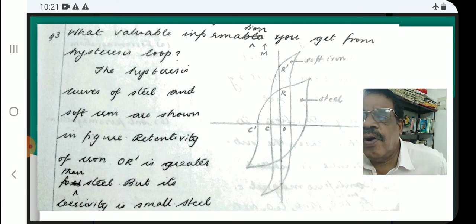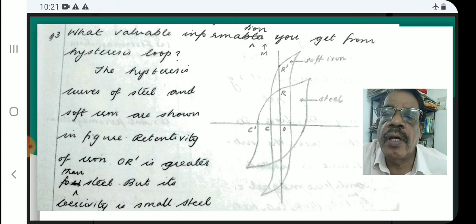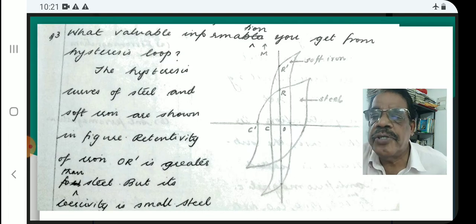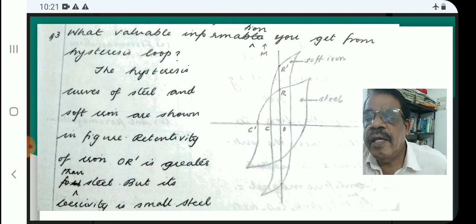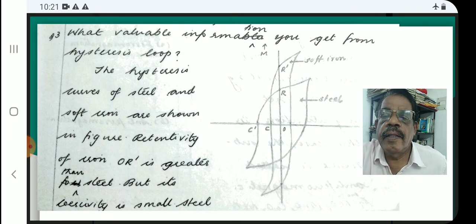The retentivity of iron is OR'. Look at the graph: OR' is greater than that of steel, but its coercivity is small.